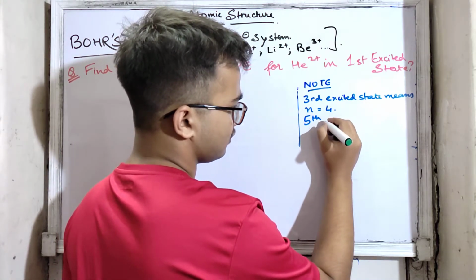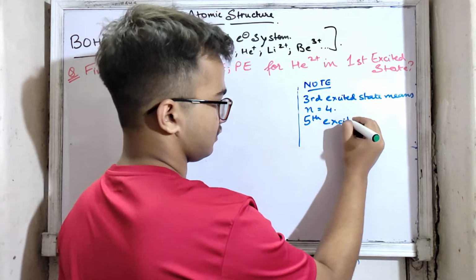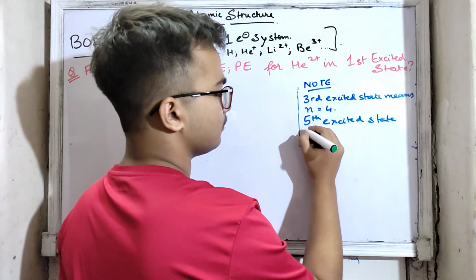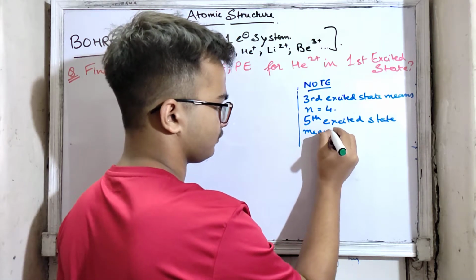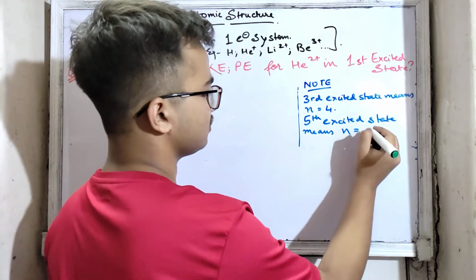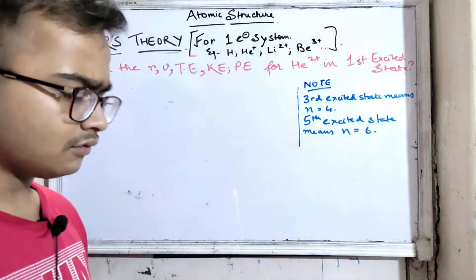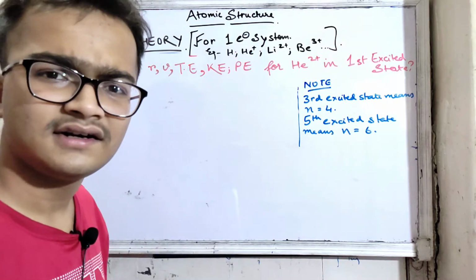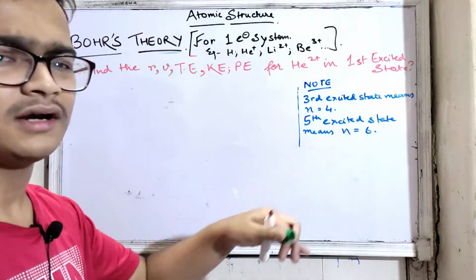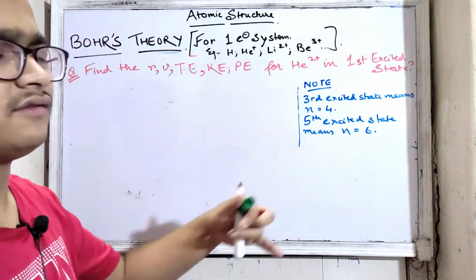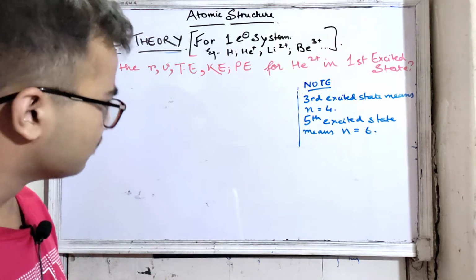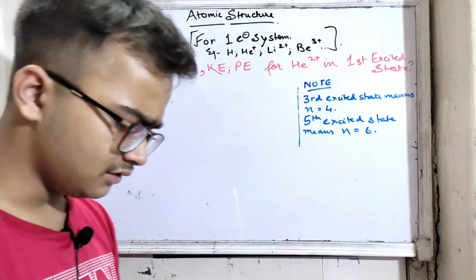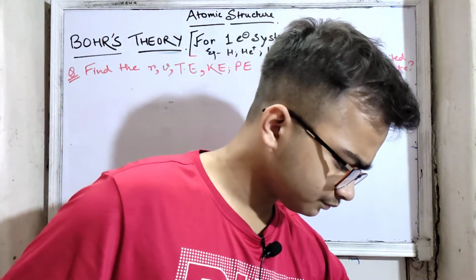Fifth excited state means n equal to 6. So if it is given third excited state, then you have to take n equal to 4, that means 1 increased, and if 5, then you have to take 6. Here it is said for the first excited state, that means here n equal to 2.